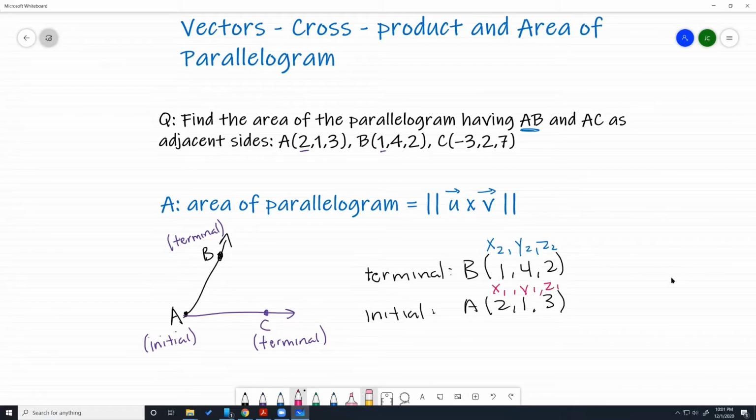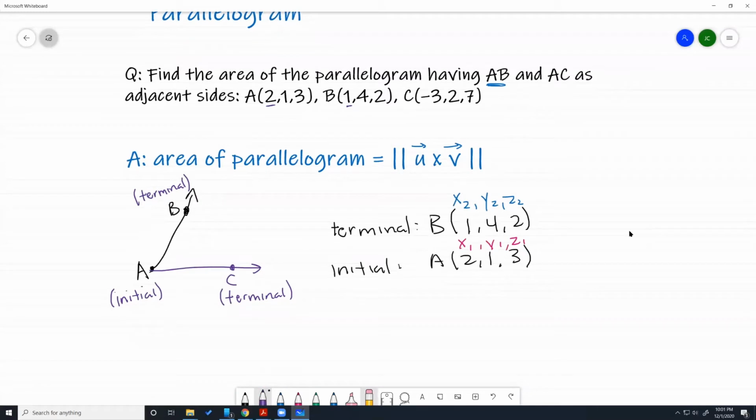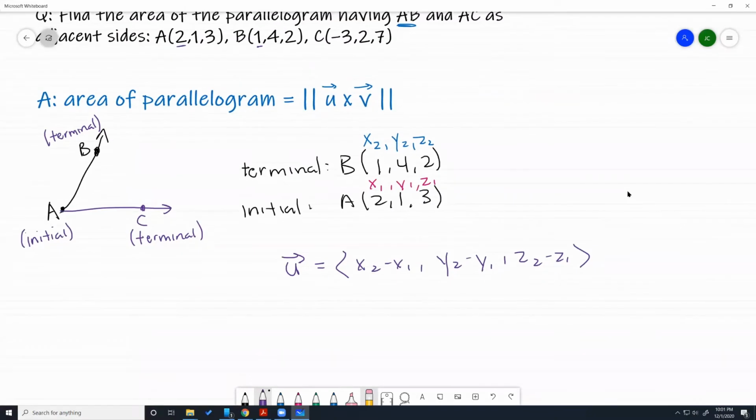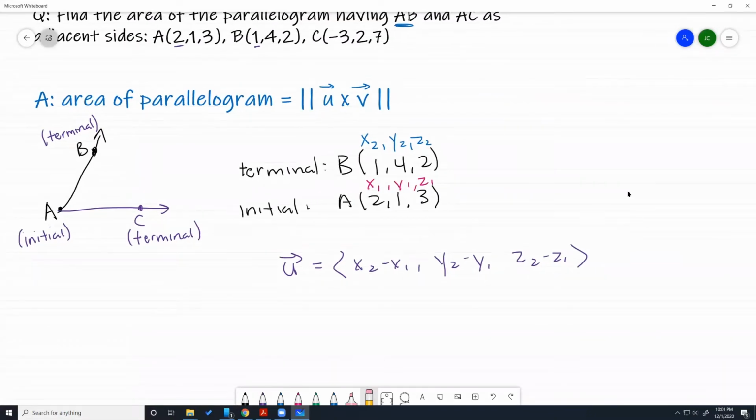When I go to find my vector u, what I'm really doing is x2 minus x1, y2 minus y1, and z2 minus z1. Terminal minus initial for each of those values. Hopefully you can do that kind of fast in your head. 1 minus 2 is -1, 4 minus 1 is 3, 2 minus 3 is -1.